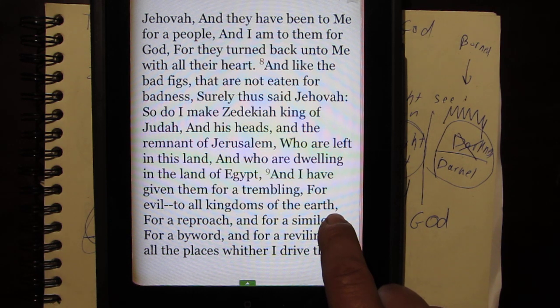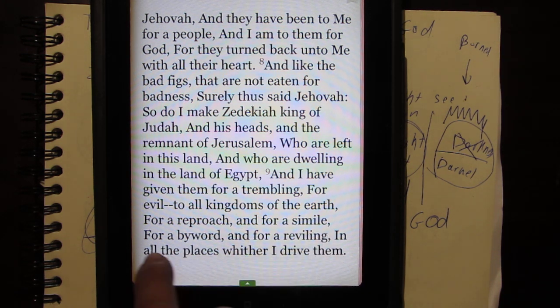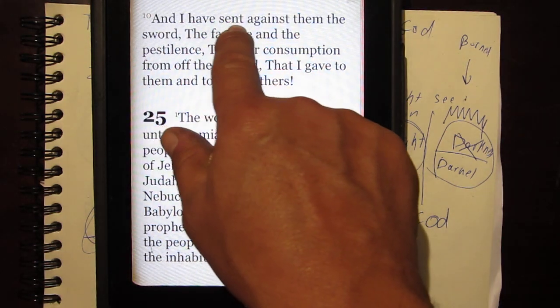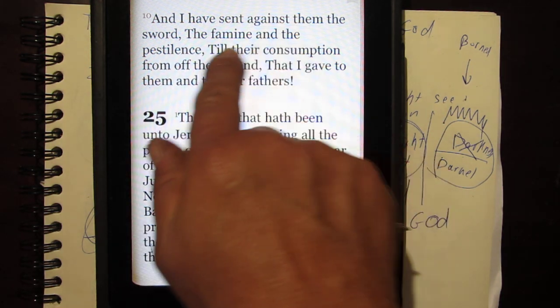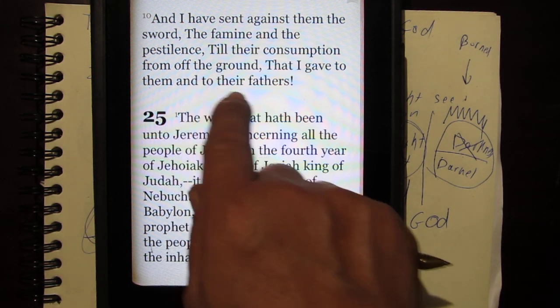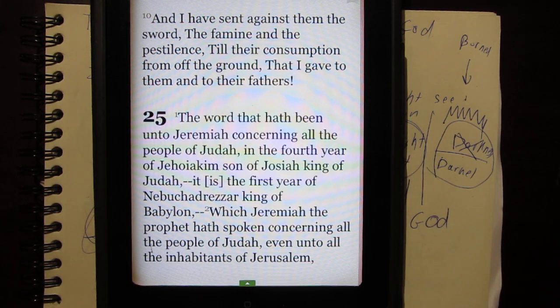Now, there's a group of people that have been chased out of 125 countries for a reproach, and for a simile, for a byword, and for a reviling in all the places where I drive them. And I have sent against them the sword, the famine, and the pestilence, till their consumption from off the ground that I gave to them and to their fathers.